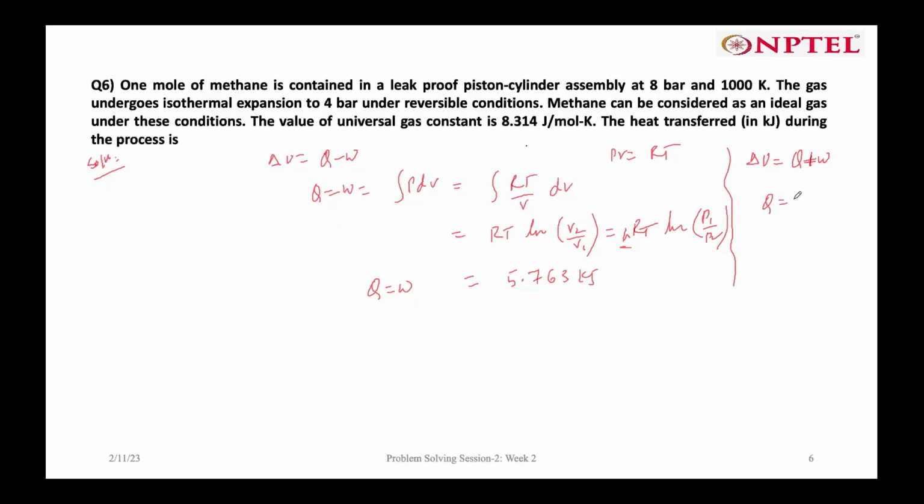So Q is equal to minus W, which is equal to minus PdV, right? So it should be a negative value, 5.763 kilojoules. So heat is transferred from the system to the surroundings. It is the heat transfer to the system.